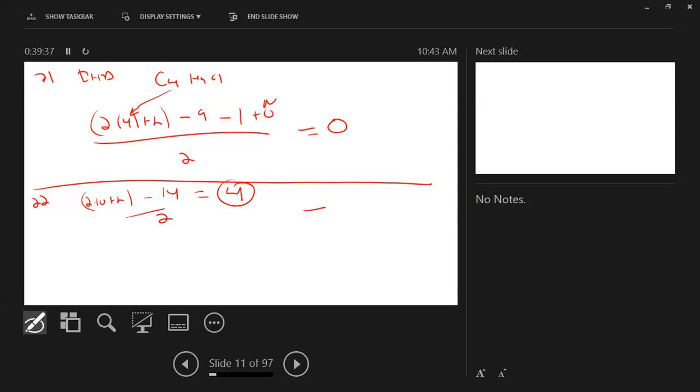Most possibly it's this right here, because you have 3 double bonds that get you to 3, plus the ring that gets you to 4. So most likely it's a benzene ring. Not for sure though, but most likely you'll select the one with the benzene ring. So 21 and 22 are done.